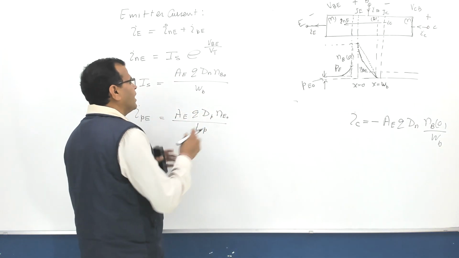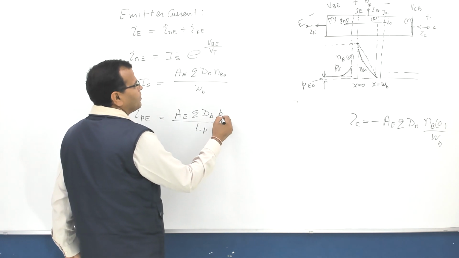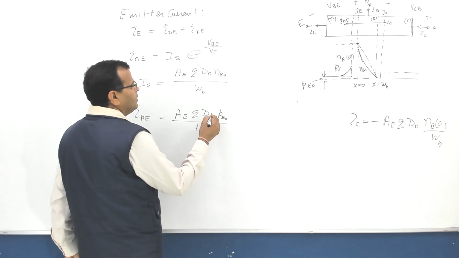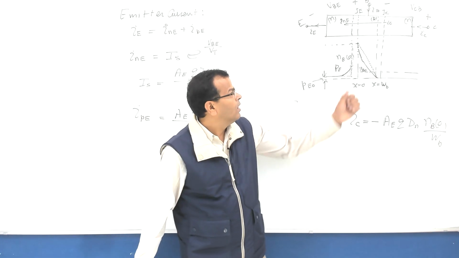I'm sorry, I'll be making a correction here. This is DP, and this is PE0, DP PE0 by LP. Please see how it comes.